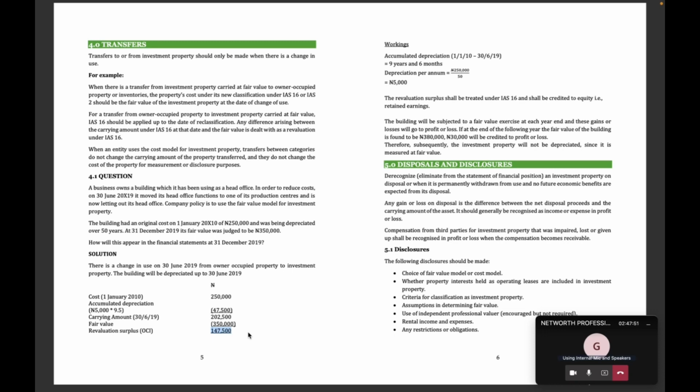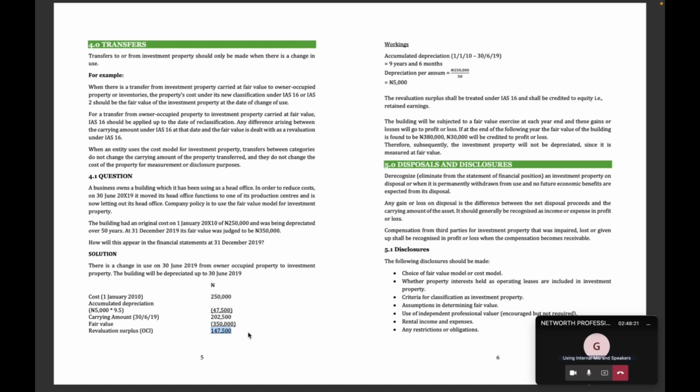But the initial fair valuation as a result of that change in use from being PPE to investment property will still be treated in line with IAS 16 and will be taken to OCI. So subsequently, when you start fair valuing the asset going forward, then any fair value surplus we have can now start going to P&L.